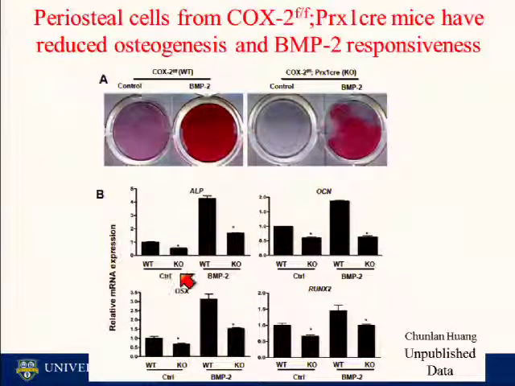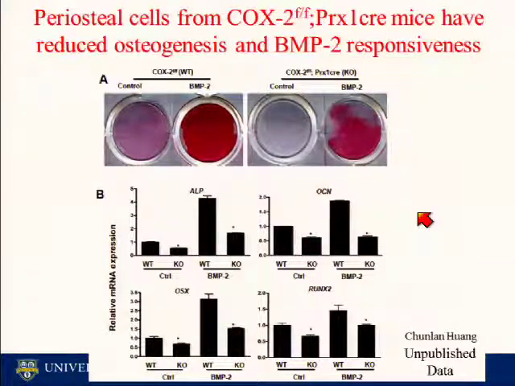And then if we look at signals that activate the stem cell populations and cause differentiation in the bone, again, the wild-type mice have a much more robust responsiveness compared to the COX-2 floxed periosteal stem cell progenitor. So this clearly shows that there's some cell autonomous effects that are important. And one of the questions is, how does this relate to diseases and aging?